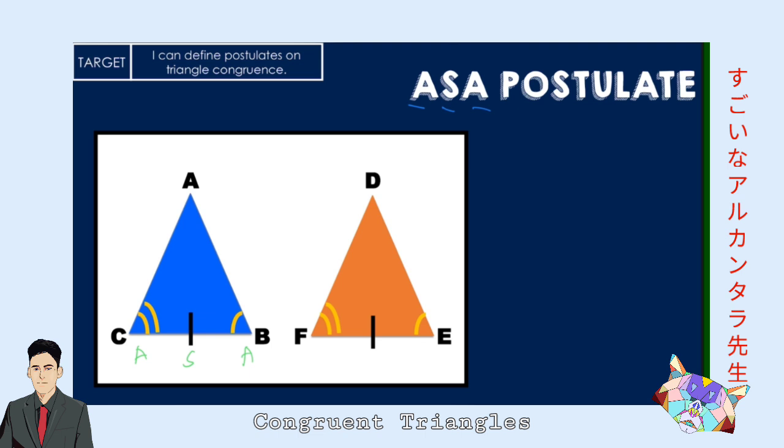Take note also of the other triangle. It's a technique that I use so that I don't get confused when identifying what postulate or theorem to use. And it works all the time, as long as you have an idea of the four things we have discussed so far.